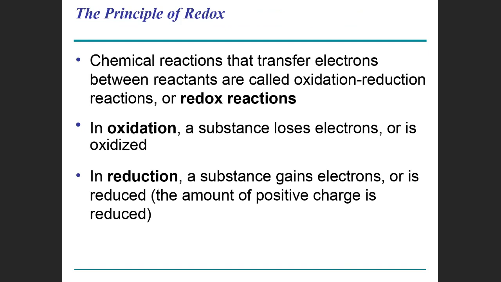But we have to talk about oxidation and reduction first, because when electrons are given from one molecule or atom to another, oxidation and reduction occur. Oxidation is always coupled to reduction, so we call them redox reactions. It's easier to pronounce than ox-red reactions.